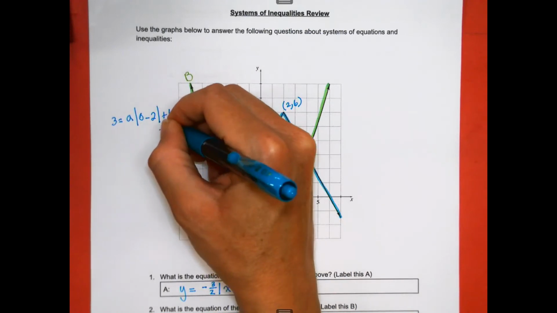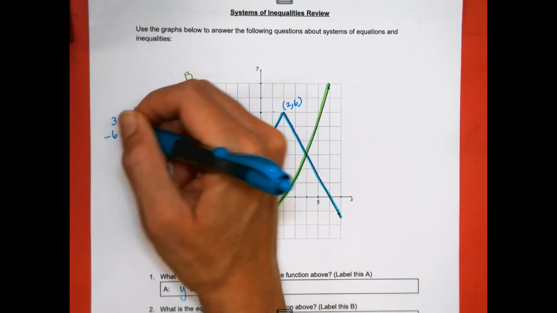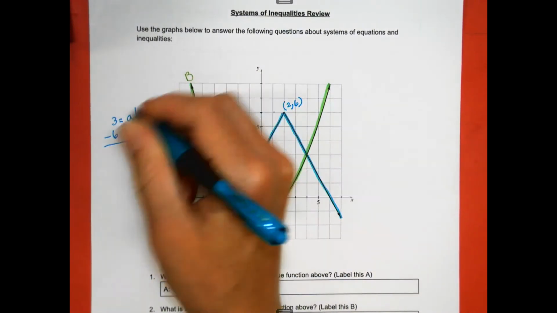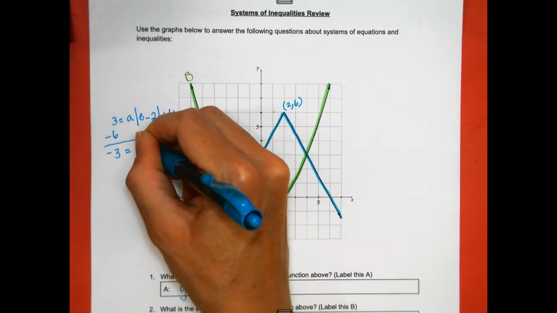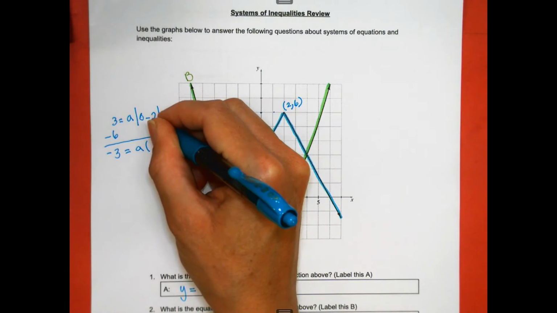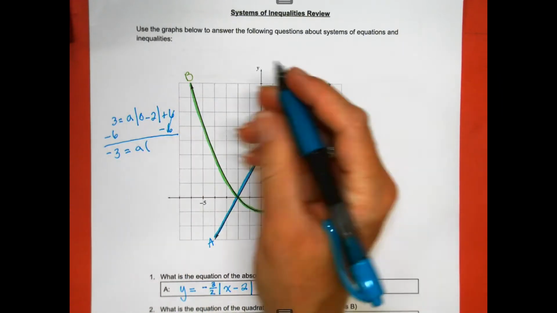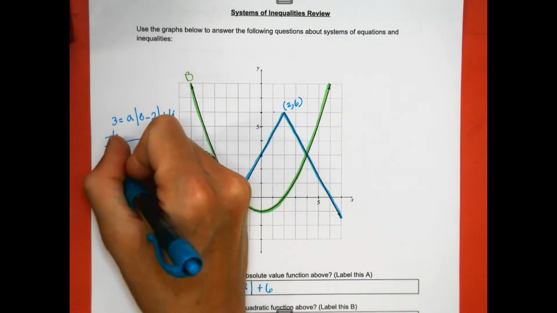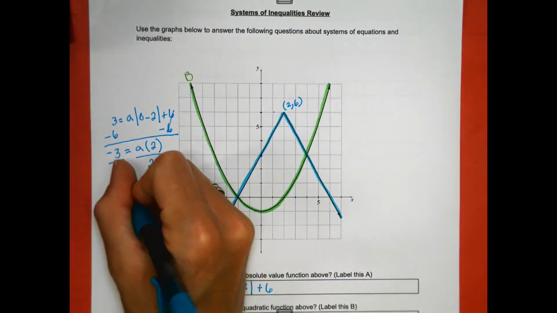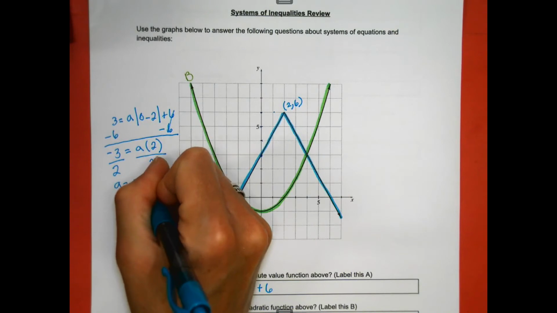And I would subtract 6 from both sides to get -3 is equal to a times the absolute value of 0 minus 2, which gives us +2. And then I would divide by 2. So we see here that a is -3/2.